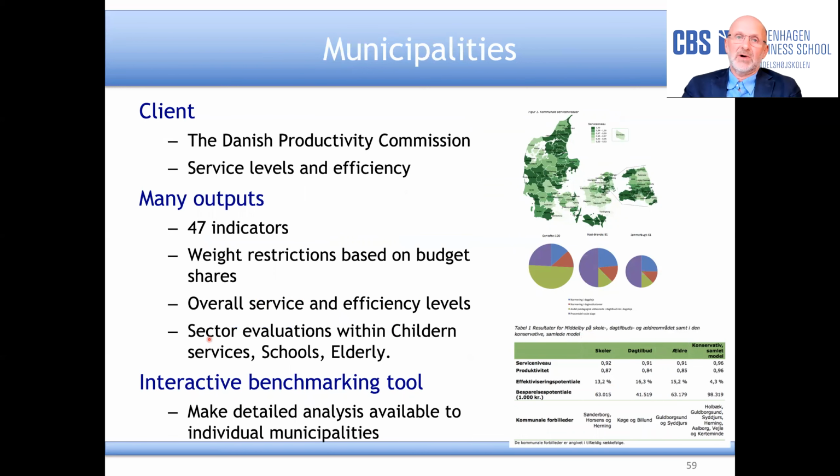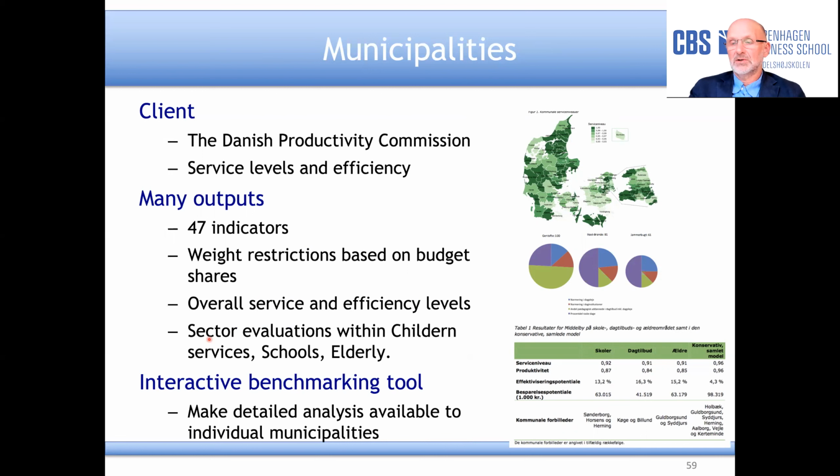Another study is about, at the municipality level, we were asked at some point to do an analysis for the Danish Productivity Commission to give an idea about what could possibly be the efficiency gains or the productivity development of the public sector. So we looked at the Danish municipalities. There's around 100 of those.